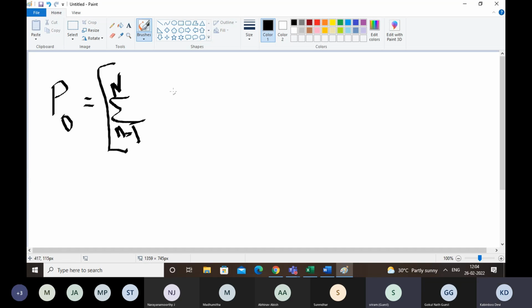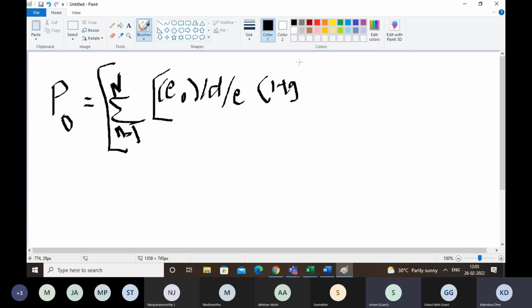First we calculate E naught, which is the latest earning per share. Then we multiply by D, which is the dividend payout, so D divided by E, the dividend payout ratio, into 1 plus the growth rate.